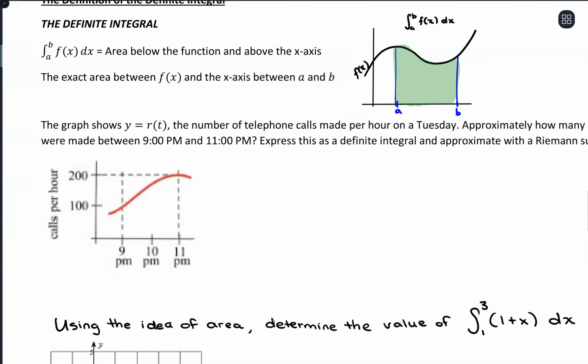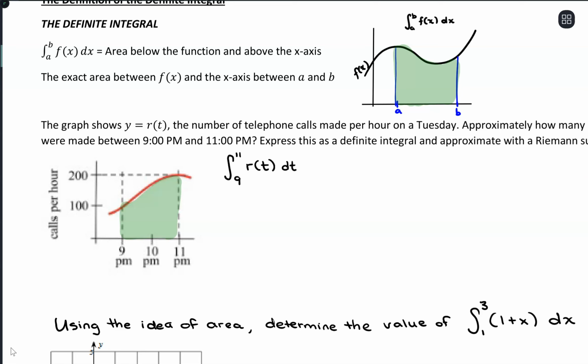Approximately how many calls were made between 9 p.m. and 11 p.m.? What we're looking for is the cumulative number of calls, and that comes from the area under the curve r of t from 9 to 11. To express this as a definite integral, we're taking an integral from 9 to 11 of our function r of t, and this would be dt at the end, since t is our input variable.